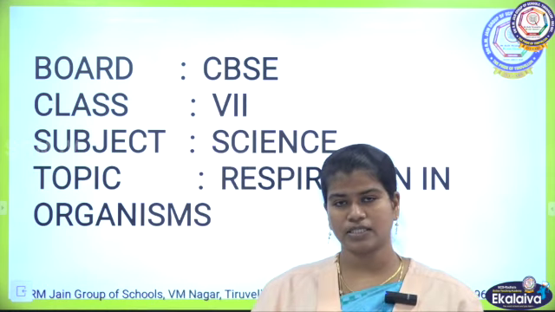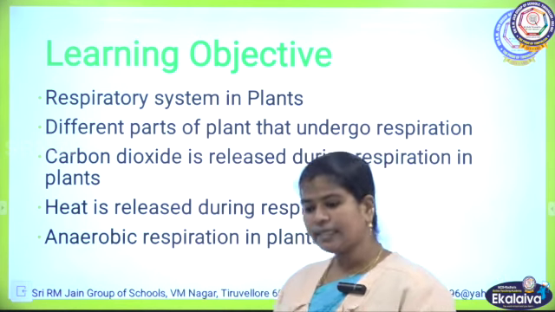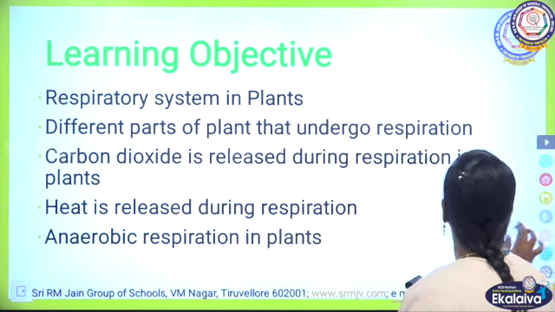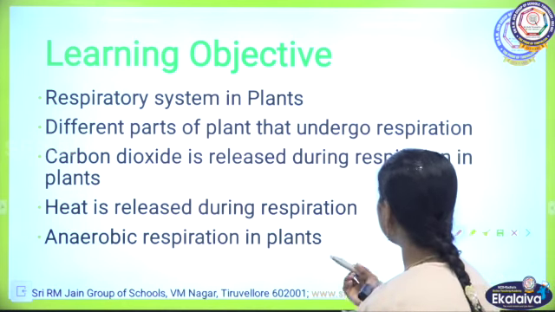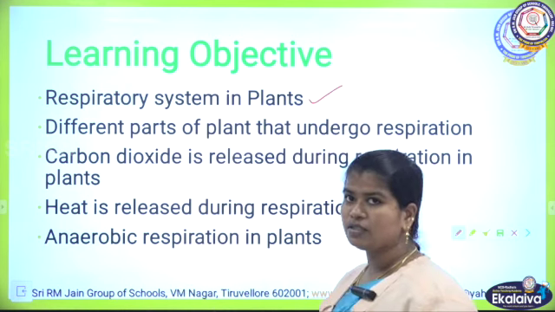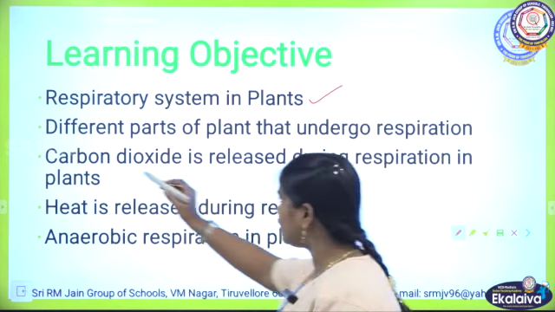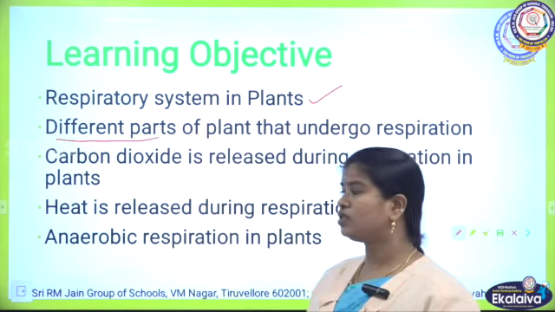What is happening in the plants we can see. And the learning objective of this part is, at the end of this lesson, you will be able to say what the respiratory system in plants is, how the respiratory system works in plants, and also the different parts of the plants which undergo respiration.